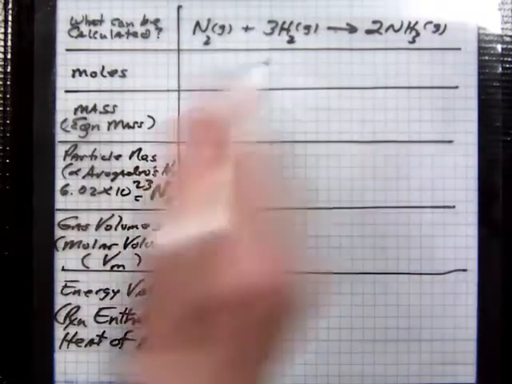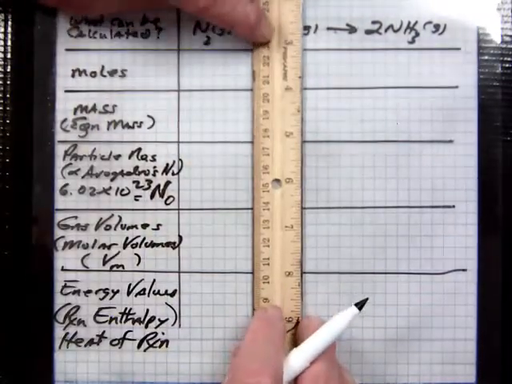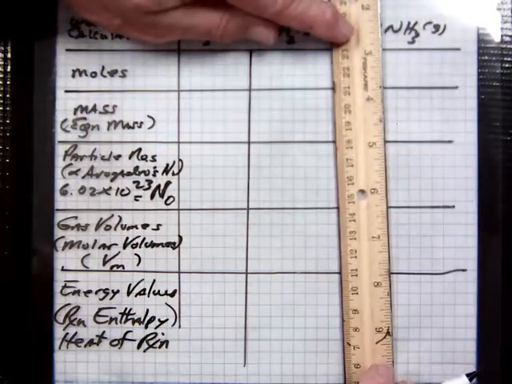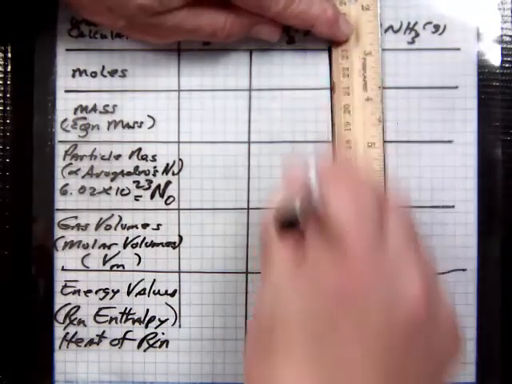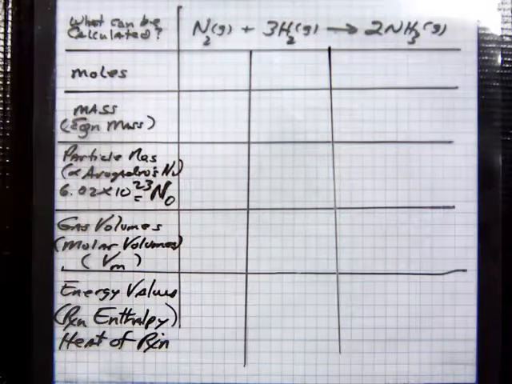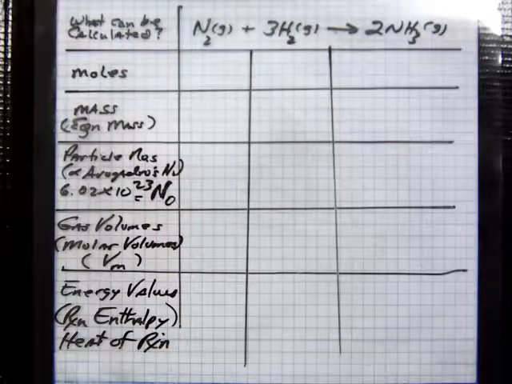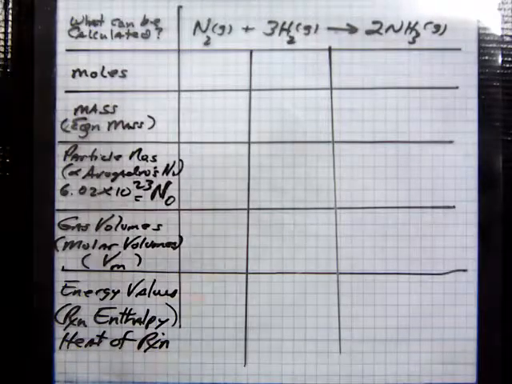When we look at this equation, how many moles do we have in each one? Well, it's always the coefficients in the equation. Now, if you're working with the basic standard equation that's been reduced to the smallest whole number ratio, then of course that would be your standard.